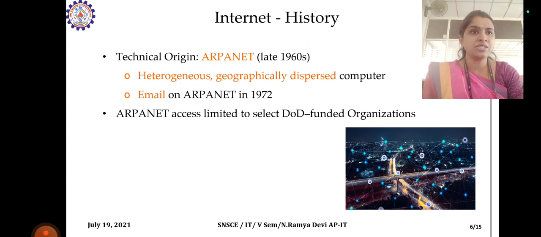Heterogeneous, geographically dispersed computers were connected, and the first email was sent through ARPANET in 1972. ARPANET had only limited access because it was generated for the DoD, Department of Defense, and funded through organizations.